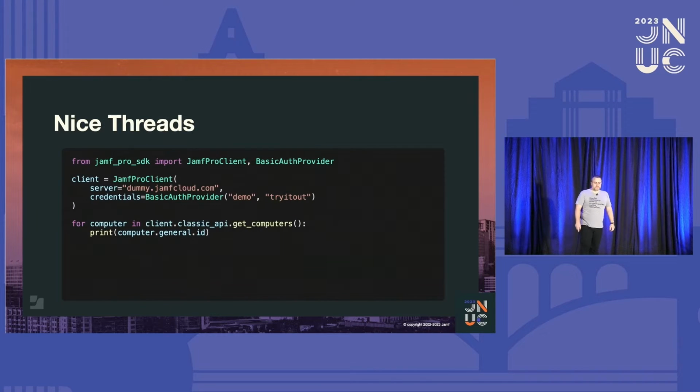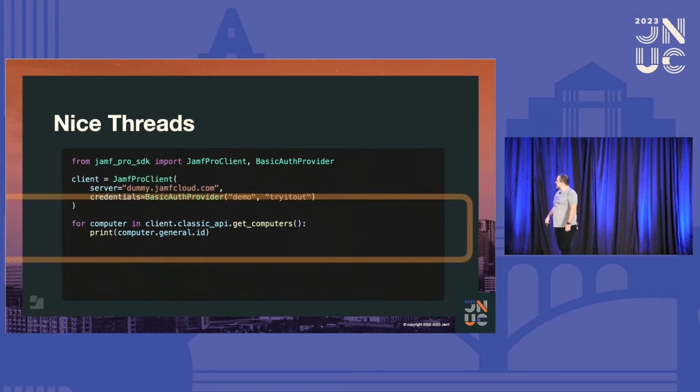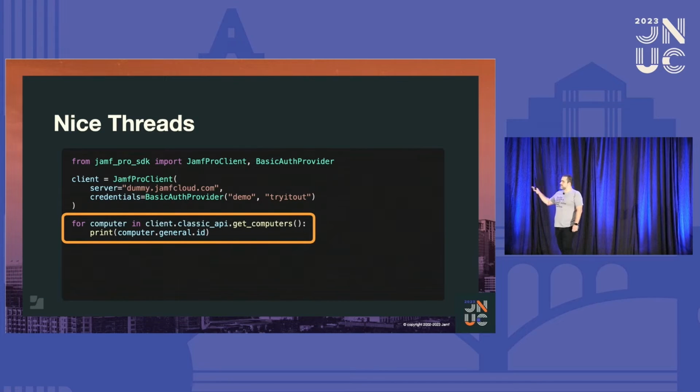All right, so now we're going to get into the built-in multi-threading aspects of the SDK, because one of the main things was we needed speed, because we have to iterate over a lot of records in a lot of cases. So in the first example, first slide, you saw me using list computers. There's an API endpoint in the classic API for just getting all computers, and it's like a subset of information for everything.